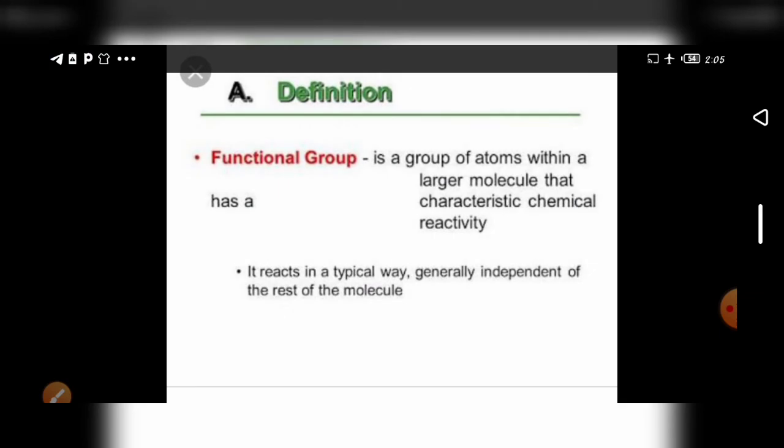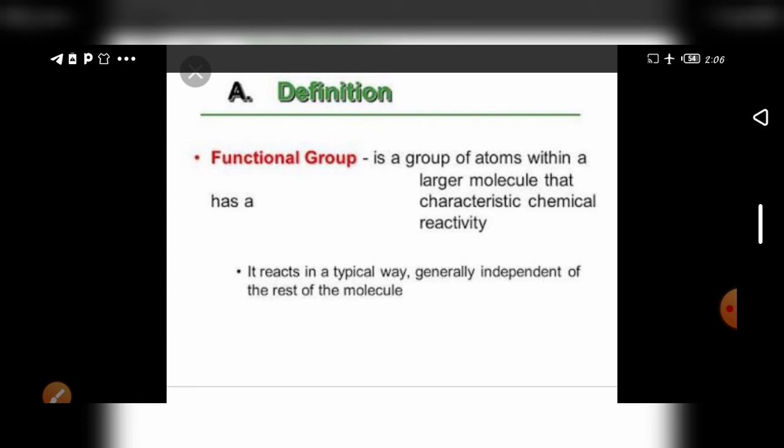Okay, definition: a functional group is a group of atoms within a large number of molecules that characterizes the chemical reactivity. It reacts in a typical way, generally independent of the rest of the molecule.